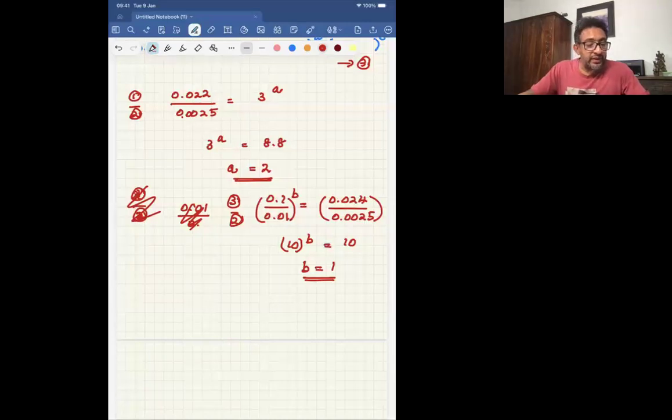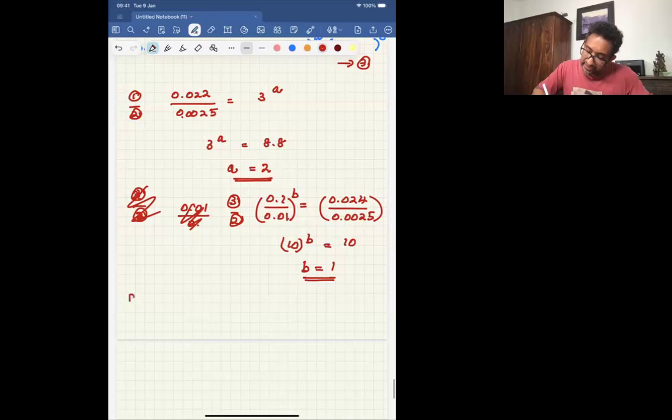The mechanism of the reaction does not change when the temperature is raised by 10 degrees. What would happen to the following parameters? Would it increase, decrease, or remain the same? Rate of the reaction: when you increase the temperature by 10 degrees, normally the rate of reaction increases, even though the mechanism doesn't change.